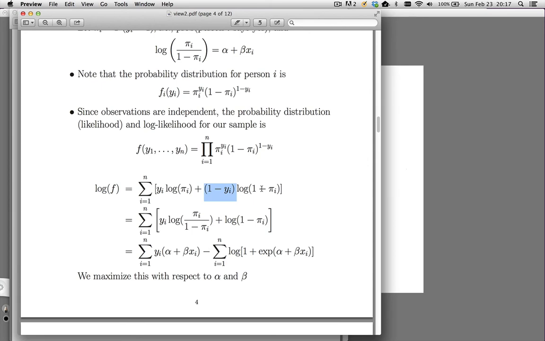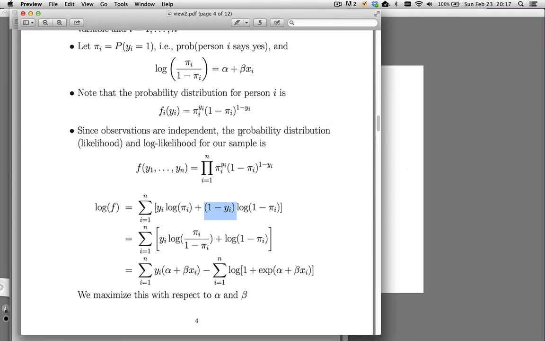Now we have to do a little bit of math. We know we can solve this expression for pi and drop that in. We do some simplification, and we get this expression. So I'll leave that as an exercise to you all.